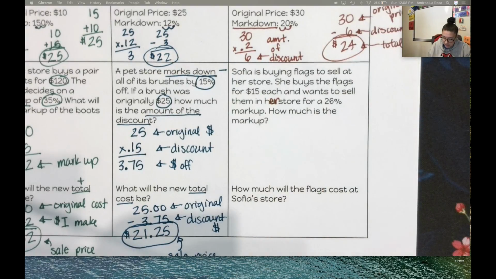How much is the markup? And the second part, how much will the flags cost at Sophia's store? I'm going to pause the video. Try the whole problem on your own. Type an X in the chat when you're done. And once we see that most of us have it, we'll go over it together.